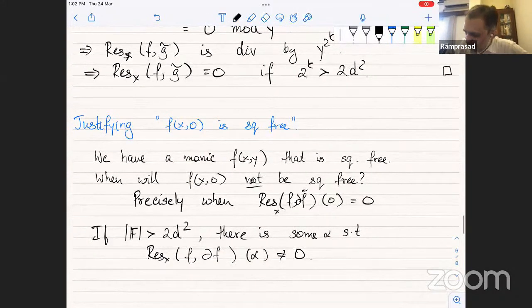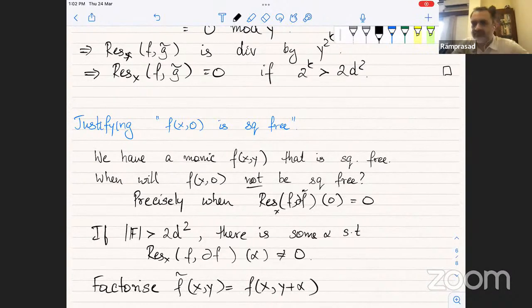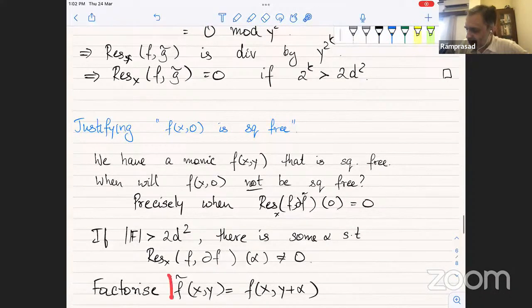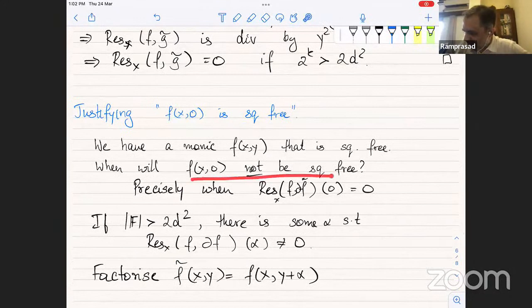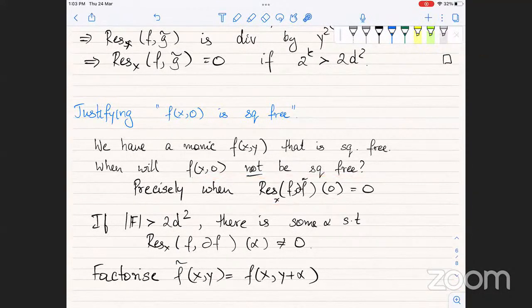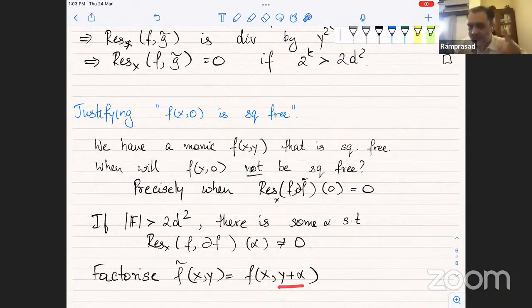And at this point, what you do is you end up factorizing f tilde(x, y), which is defined to be f(x, y + alpha). So run the entire algorithm for this thing, basically because this condition is satisfied as long as the resultant does not vanish at 0, and I'm just shifting that 0 to alpha.